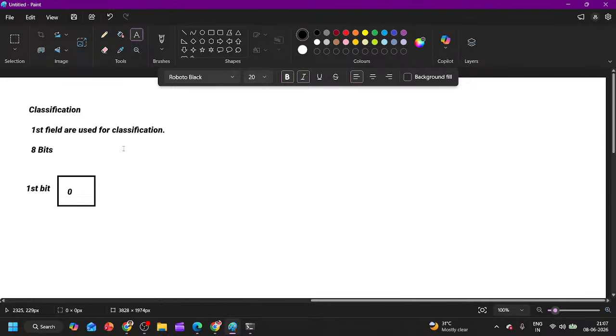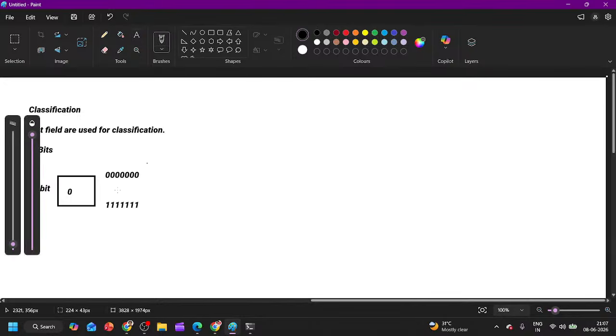Now tell me what will be the decimal value of this binary. The total 8 bits: first bit 0 and the last 7 bits 0. All bits are 0, so the minimum is 0. And here, if you convert this binary into decimal, what will you get?